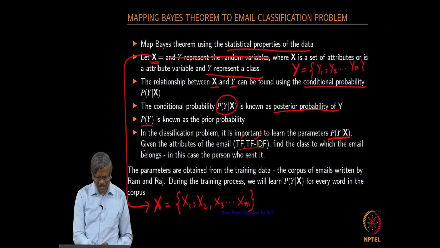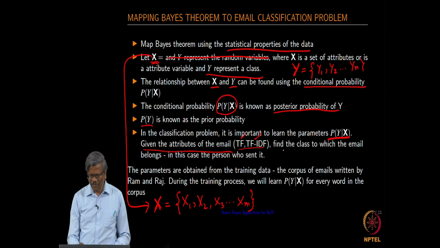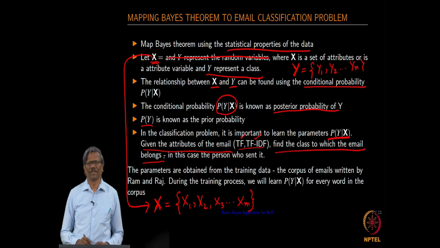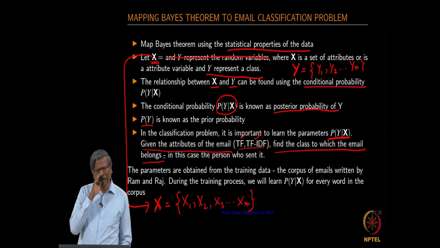So, given the attributes of the email and given the prior probability, we want to find the class to which the email belongs. That is, in this case, who is going to be sending it, getting the point, right.